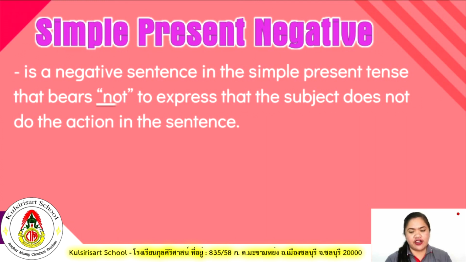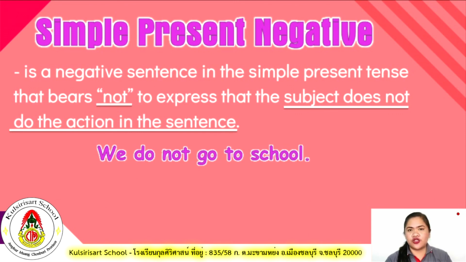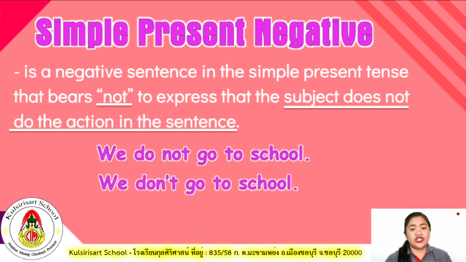We have here not, and the examples are we do not go to school and we don't go to school. These two sentences have the same meaning, but the first sentence is using the uncontracted form and the second sentence is using the contracted form.